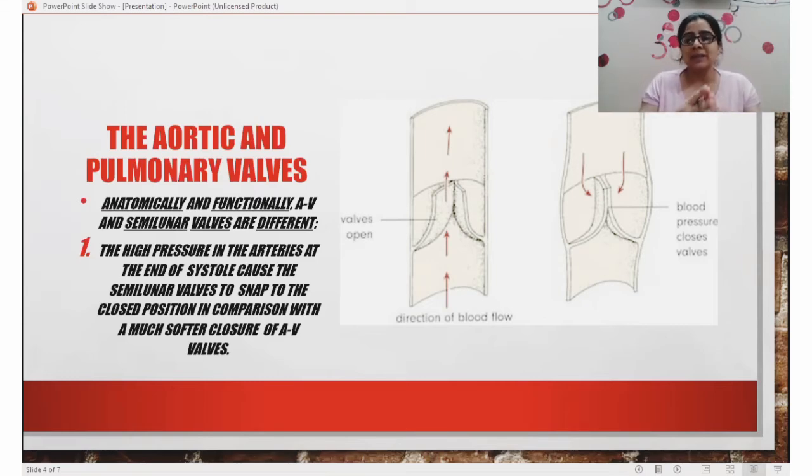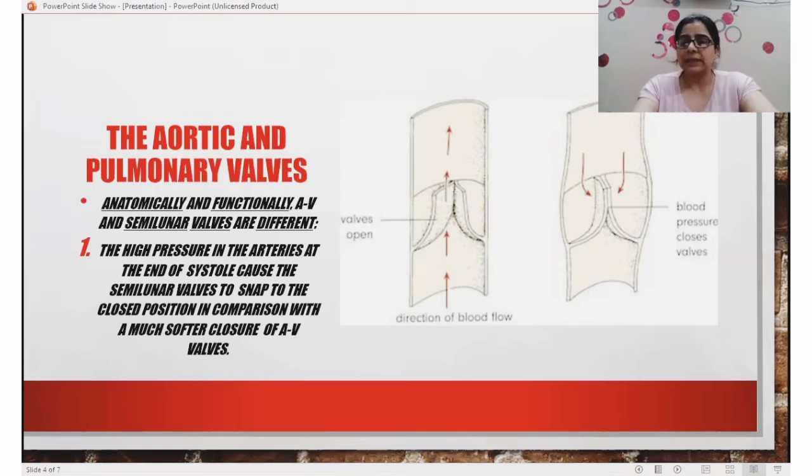When there will be systole at the ventricles, then the opening of these two walls takes place with the pressure which is exerted during the end of systole. Now the same for the closure of these, when there will be end of systole in the arteries, that time the closure of aortic and pulmonary walls will take place.